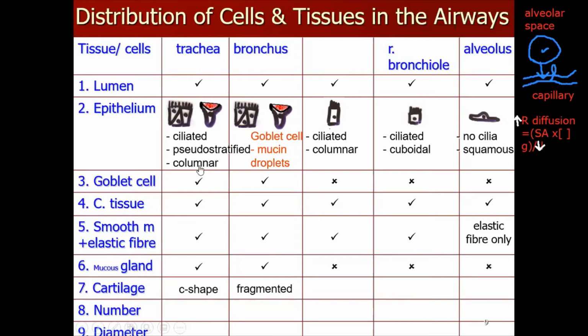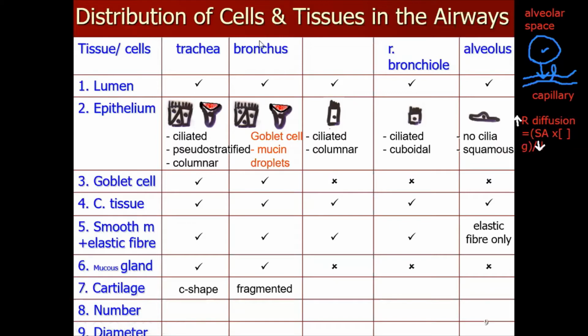That's why you can secrete a lot of mucus in the trachea and bronchus, because they have cartilage to hold the wall so that the lumen is always open, for the air to move.